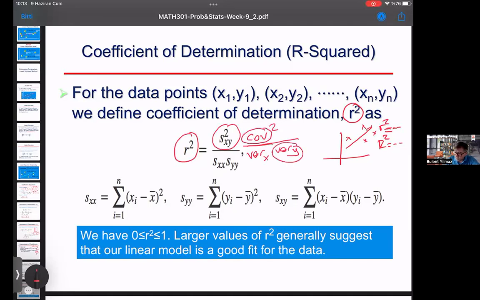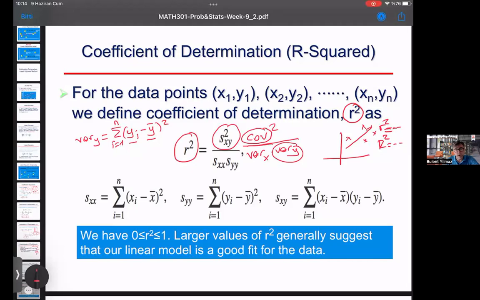Variance of y, we didn't do that, but let's do it. Variance of y is equal to the sum of yi minus y bar squared, from i equals 1 to n. Again, take the difference between your data and the mean of your sample, take the square and add them up.